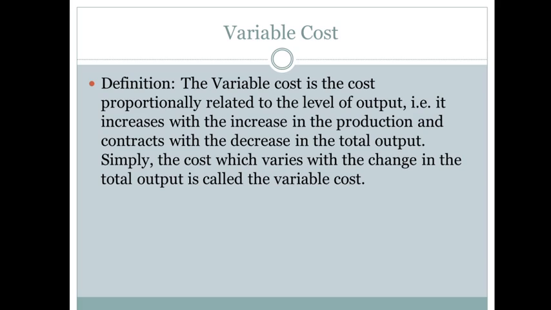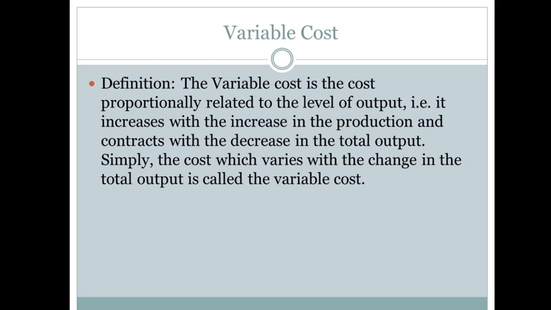In the previous class, we have seen the various classifications of costs as per the accounting requirement and the other aspects of costs. After that, we have seen fixed cost, that is, the cost which remains fixed even though the number of outputs may vary, but the cost will be fixed for the short run.